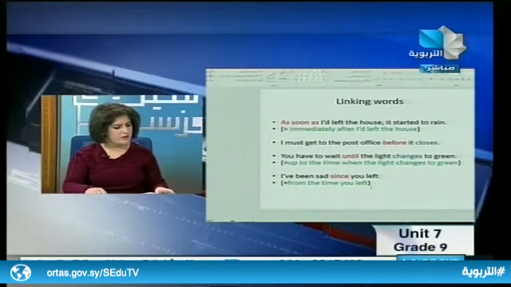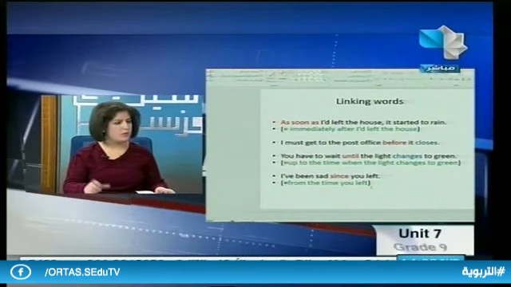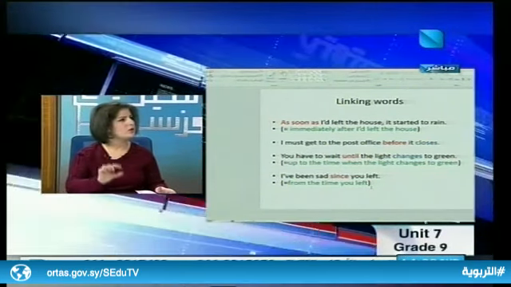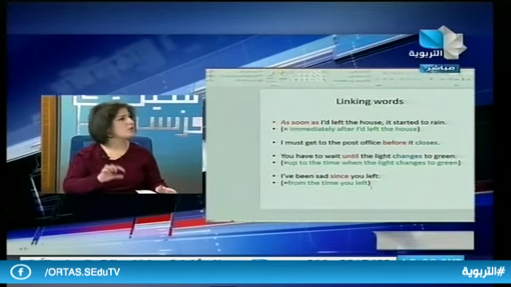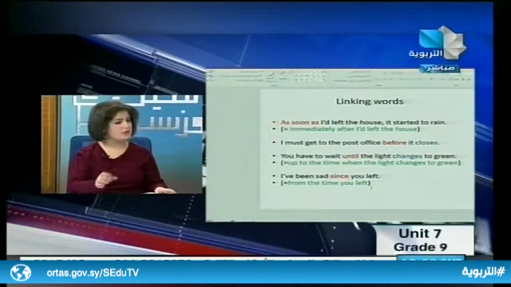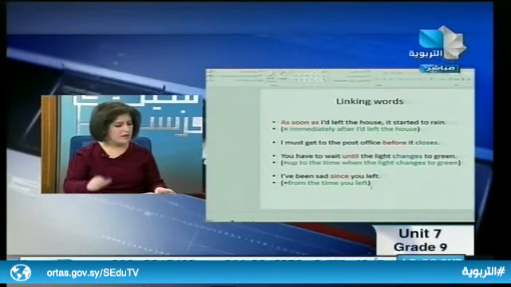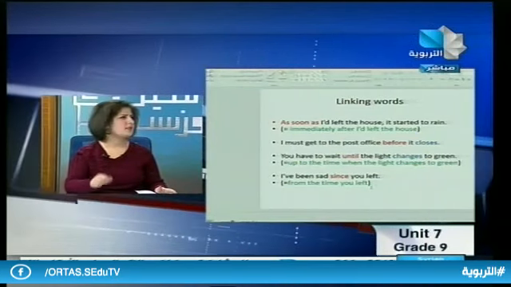The last one is "I have been sad since you left." So we are using "since" here, and we know that we use "since" with present perfect or past perfect. We are using it as a linking word to link these two sentences. It means from the time you left, I feel sad.